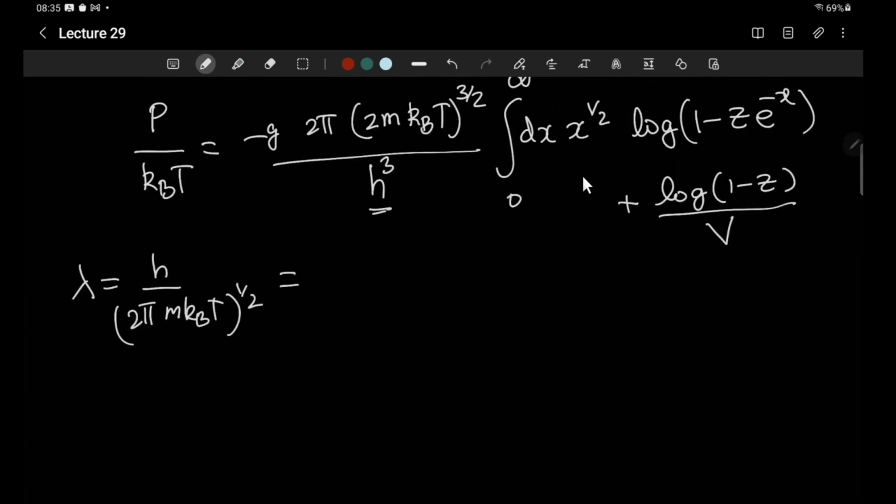So let me just do something. There's a 2 that remains, and there's also this pi, so you can write this as g by lambda cubed into a quantity which I'll write out now. There's a 2 here, and I put a pi to make pi power 3 half, to make it lambda cubed, so there will be one power of root pi missing. There's a minus sign.